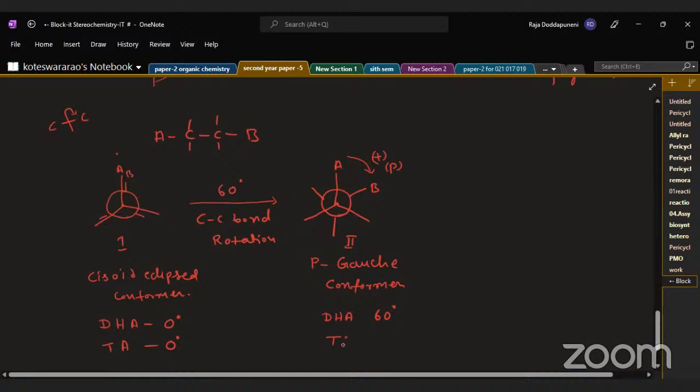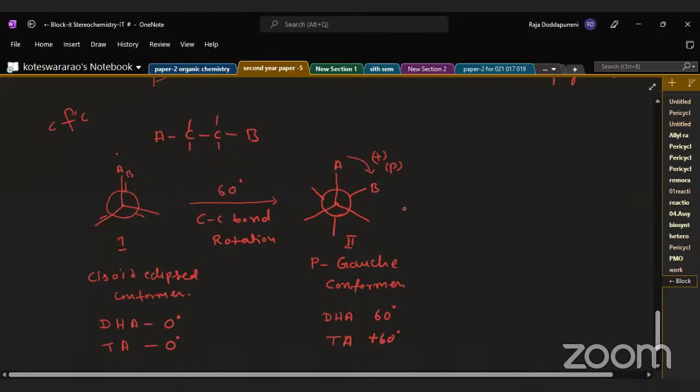Whenever you are showing the torsional angle, it is plus 60. In the case of the dihedral angle, you don't need to mention directional symbols, but for the torsional angle you need to represent the directional symbol, that is plus 60 degrees.